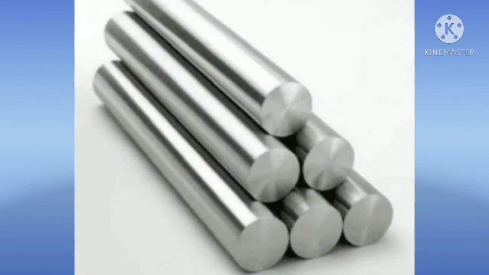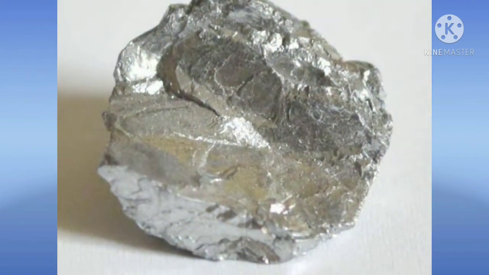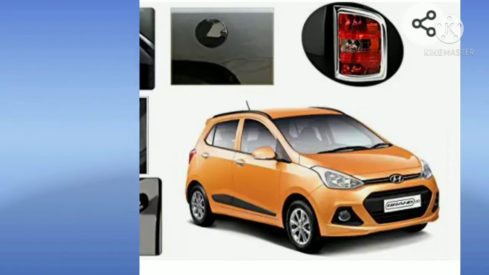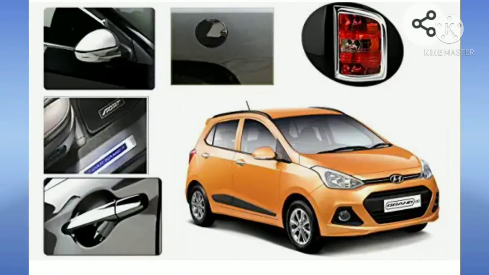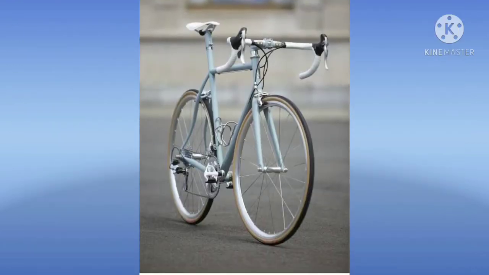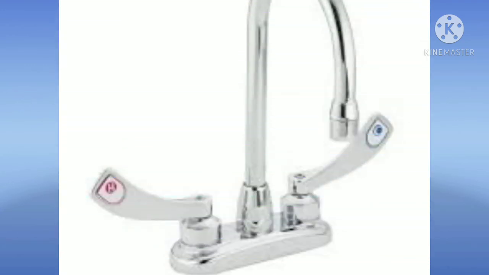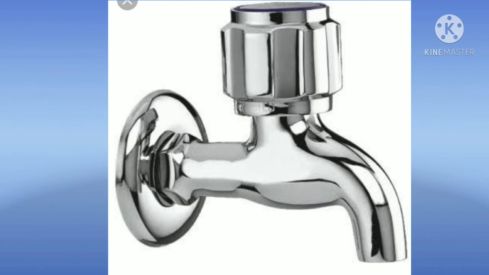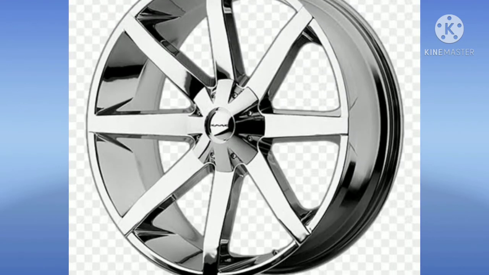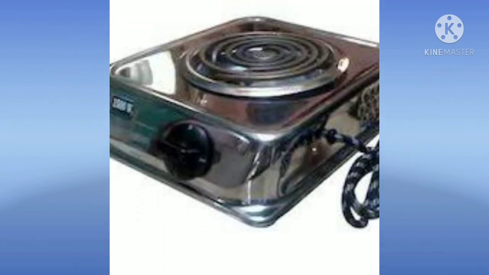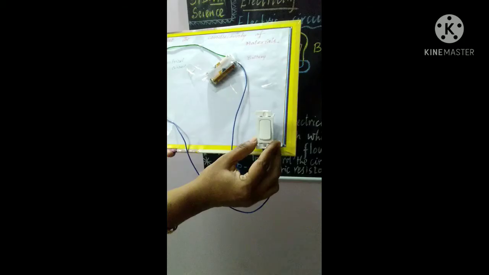It resists scratches, but chromium is expensive and it may not be economical to make the whole object with chromium. So, objects such as car parts, bicycle handlebars, things used in bathroom fittings, for example, bath taps, water taps, wheel rims, and even things used in the kitchen are made of cheaper metal and only a coating of chromium is deposited over it.